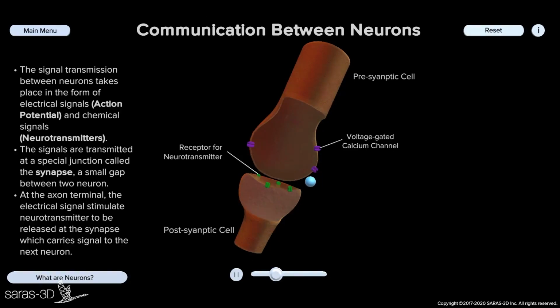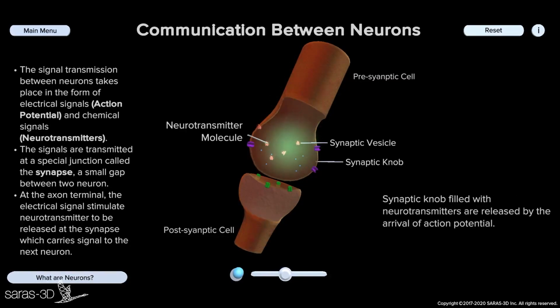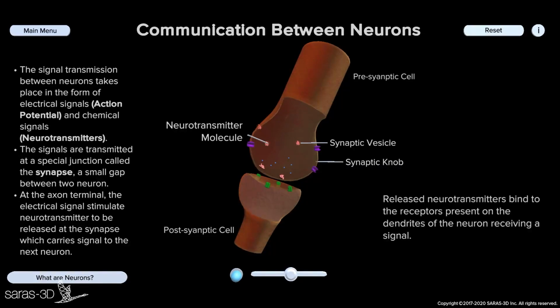This is the synaptic gap or the synaptic junction which is present between them. The neurotransmitter vesicles are already present at the synaptic knob, and due to the electrical impulse, many calcium ions move into the synaptic knob, which subsequently leads to the release of the neurotransmitters from the vesicles.